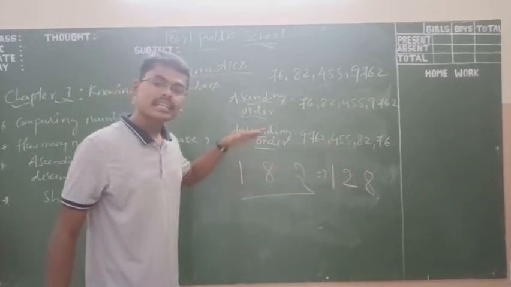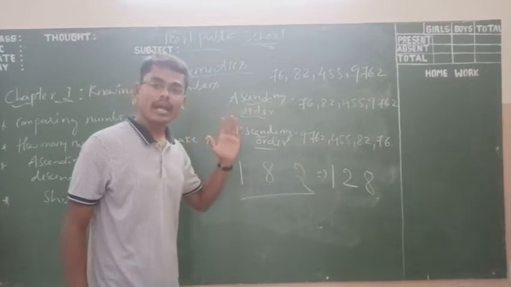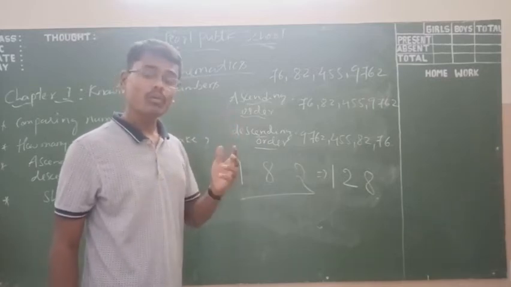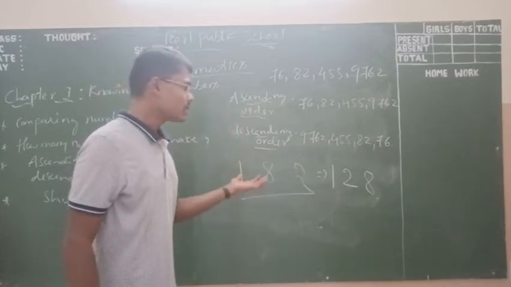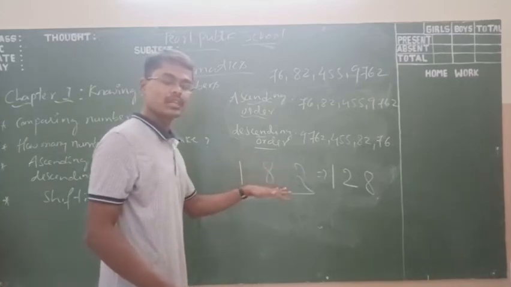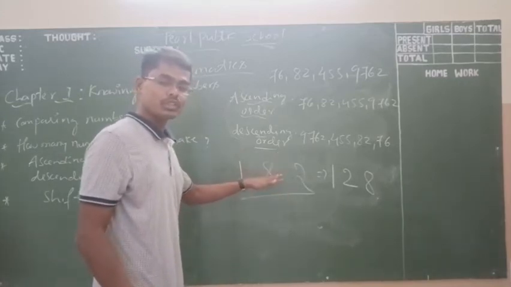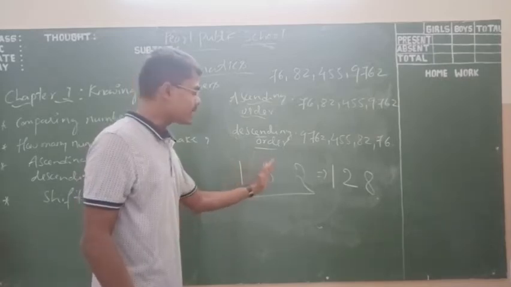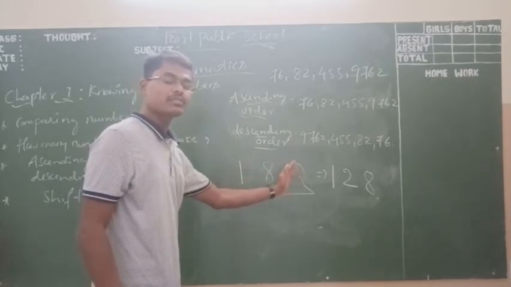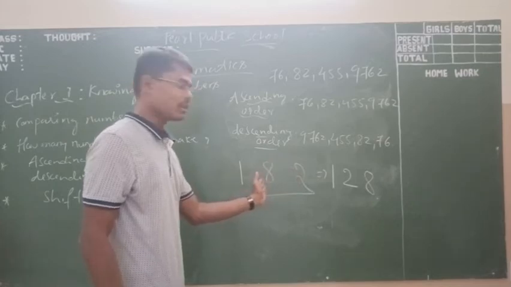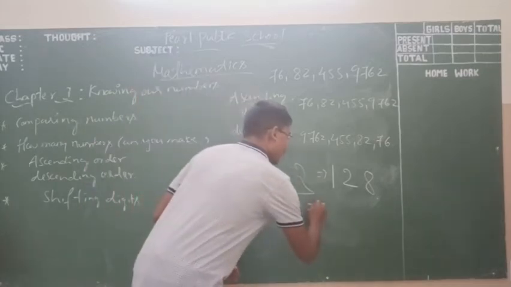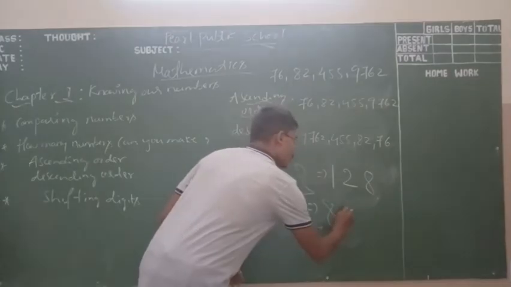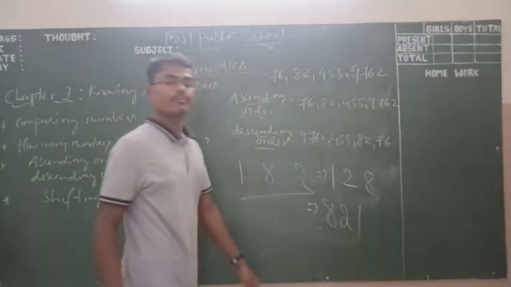Then for the same given number, I can write the greatest number also. How are we going to write the greatest number? Again, you are just shifting. You are shifting the 10th position to the 100th position, and the single digit position to the 10th position. For this, I am going to write 8, 2, 1.